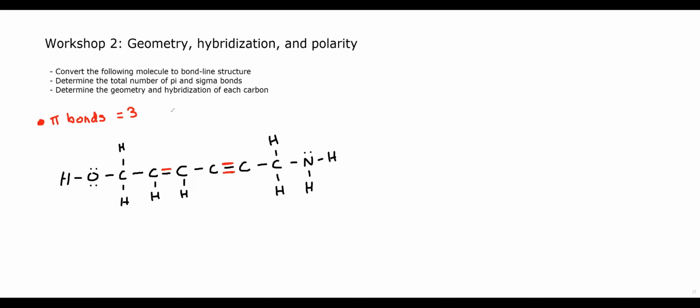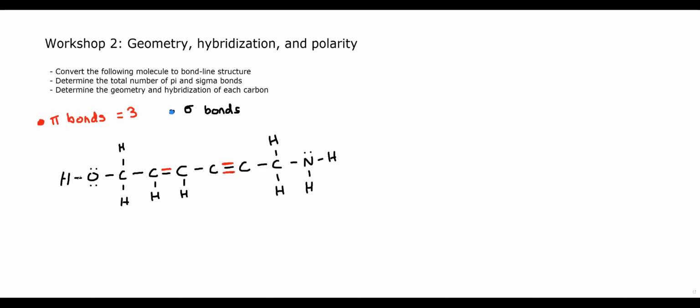And our total number of sigma bonds, we can count up all the single bonds that we see. I'll do it in blue so we can see a contrast to the ones that we count.